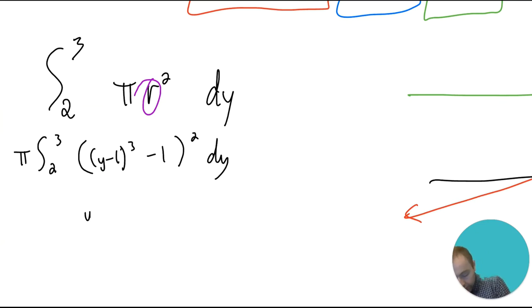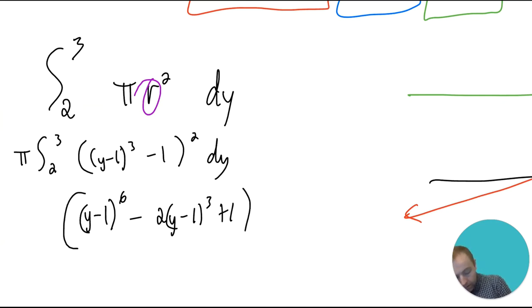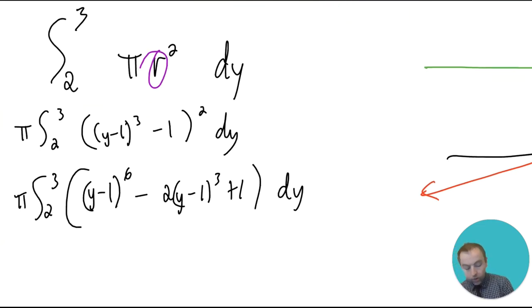If we FOIL that out, y minus 1 cubed will multiply with y minus 1 cubed. So you have y minus 1 to the 6th, and then y minus 1 cubed times 1 is just y minus 1 cubed, but you're going to have 2 of them in the FOILing. So minus 2 times y minus 1 cubed, and then negative 1 times negative 1 is positive 1. So that just gives us an equivalent expression to be able to integrate based on squaring that binomial.